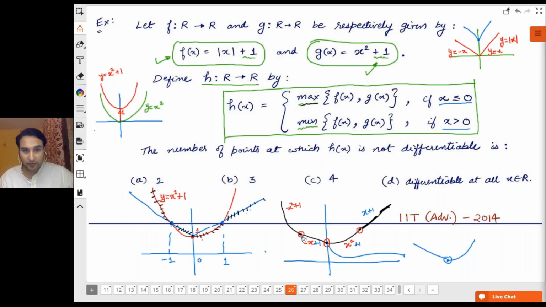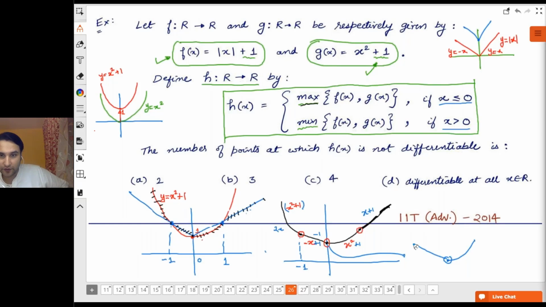Here, if there is a doubt, it's very simple. Differentiate this and differentiate this. Its differentiation is 2x and its differentiation is minus 1. So yes, there is a sharp corner here as well because the slope is minus 2 at x is equal to minus 1, and the slope is minus 1 here. So in simple words, there is a sharp corner.